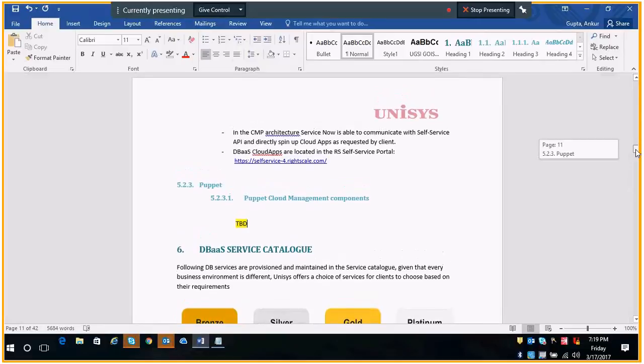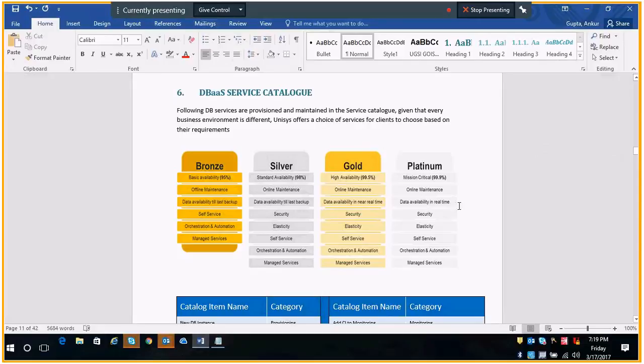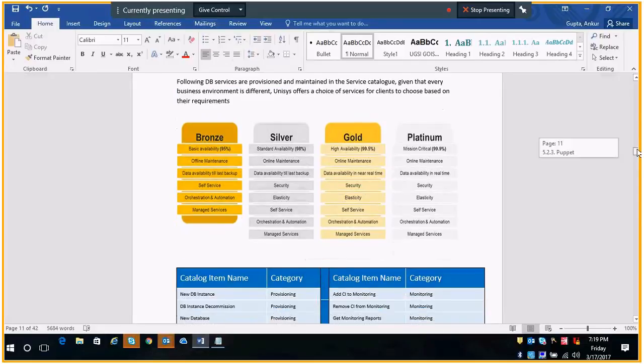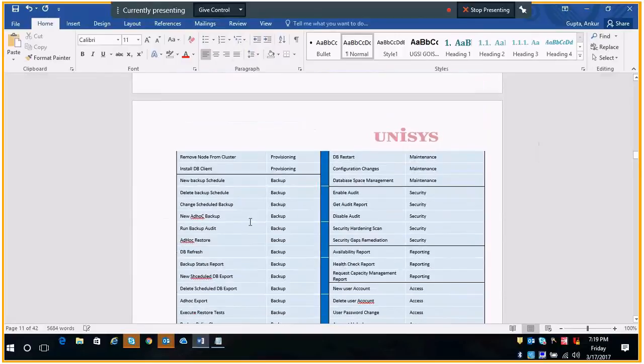And then we talk about our service catalog, that okay, what are my service catalog offerings, and these are my detailed parts, because these catalog items, if you see, would be published in our service catalog at SNOW level. So I think then we have to see, while we are building the farm of CMP for DBAS, these things are being shown at SNOW level in a service catalog, and at a Puppet level, we are having the right modules which are being called to do this work.